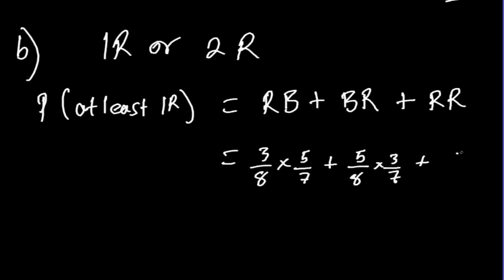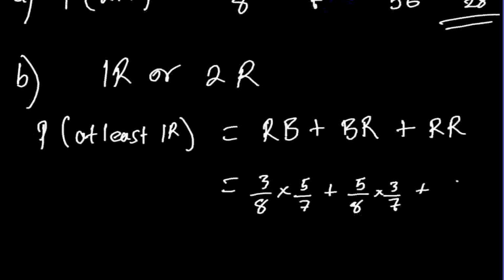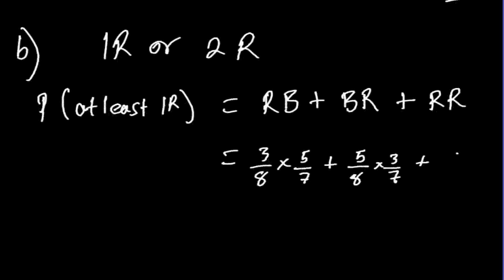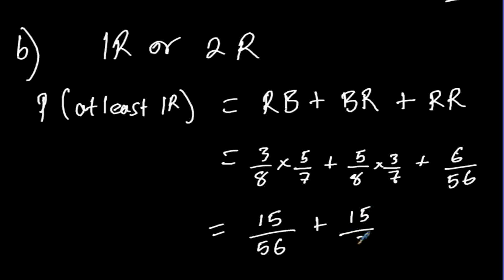Or we can use the unsimplified one. So it is 6 out of 56. So this is 15 out of 56 plus 15 out of 56, then plus 6 out of 56.